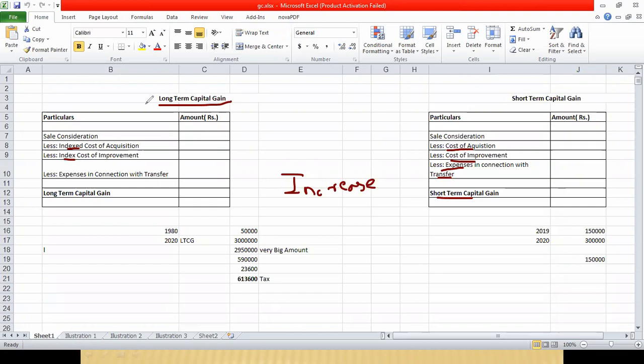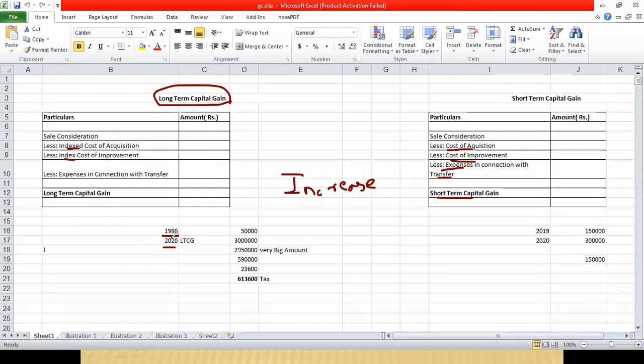Last class we also discussed why this benefit is available, because normally in long-term capital gains there is a huge difference between the date of purchase and the date of sale. For example, you purchased the property in 1980 and sold it in 2020.